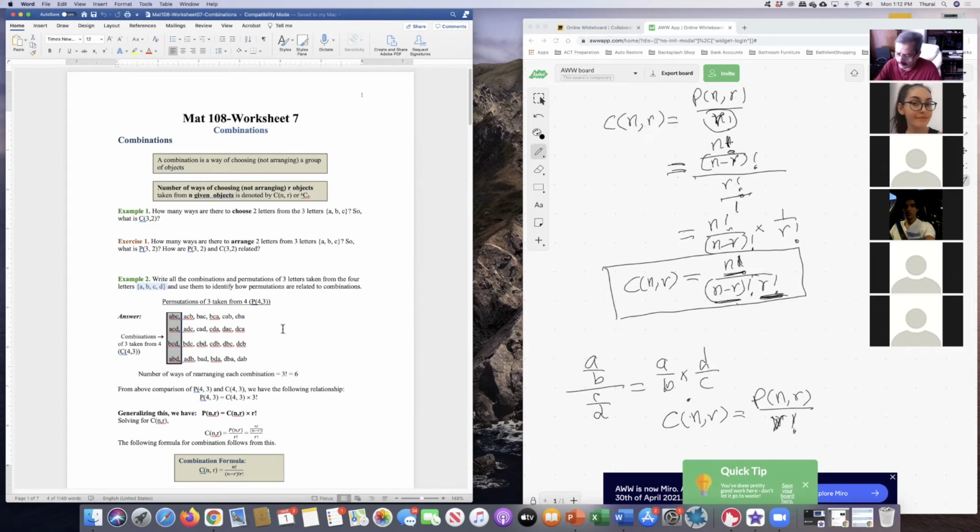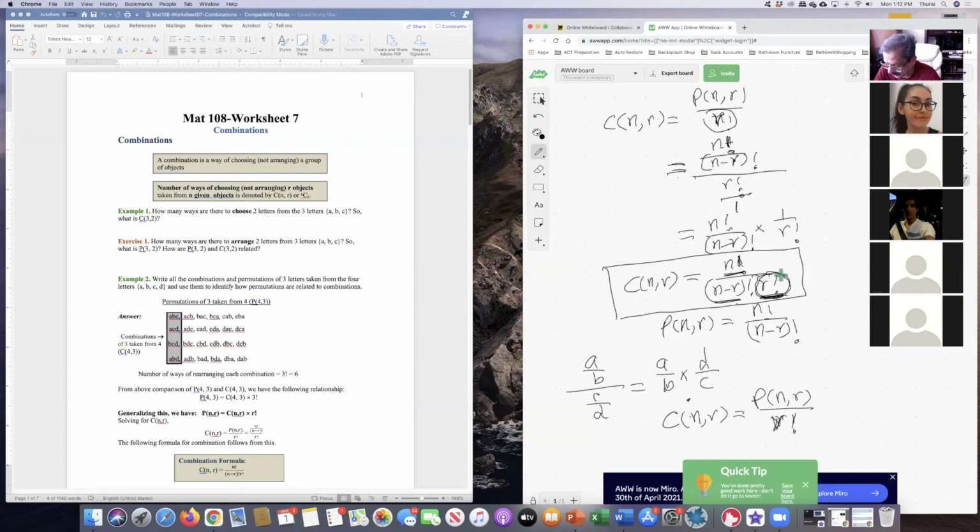So to avoid mix-up, you can remember this. PNR has factorial n over factorial n minus R. CNR has an additional factor in the denominator, and the additional factor in the denominator will make the number smaller.